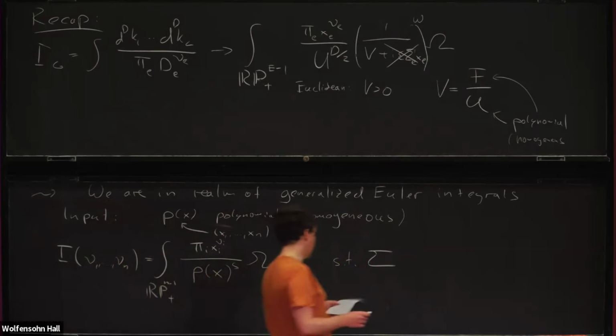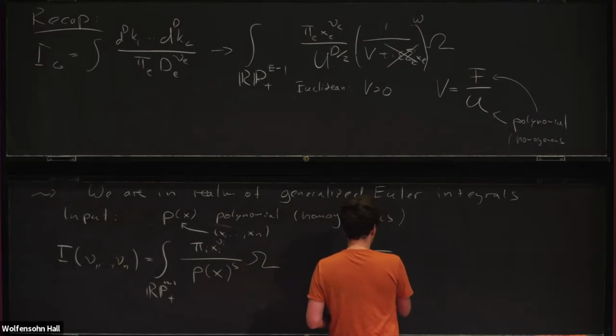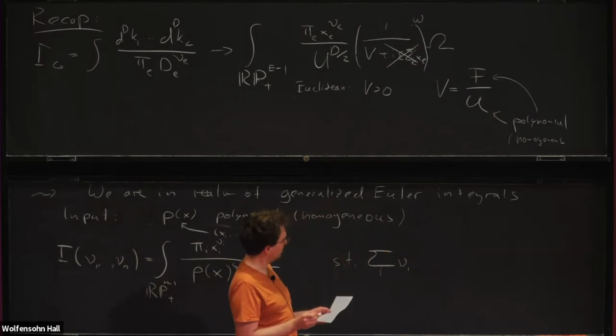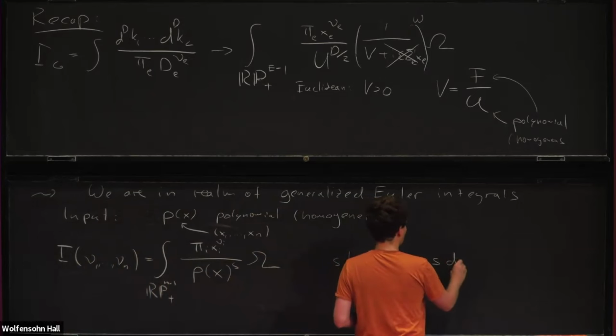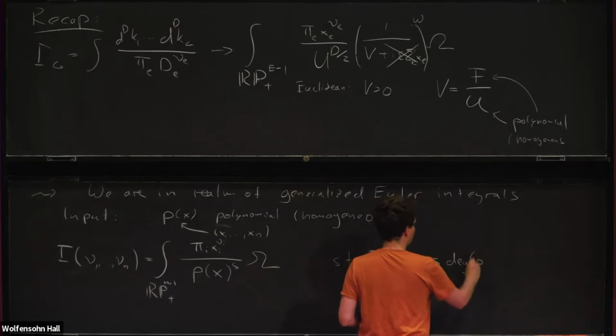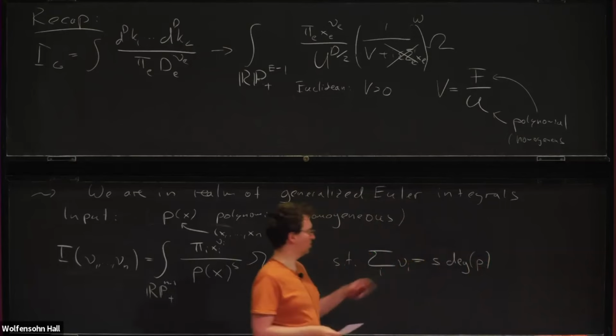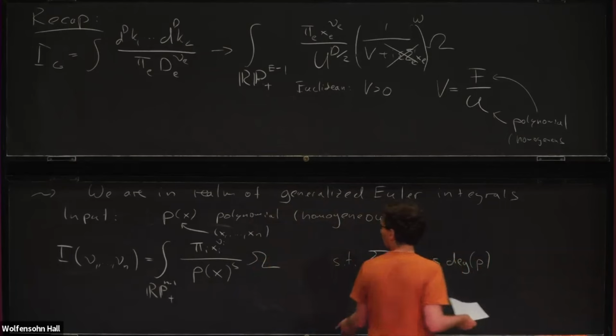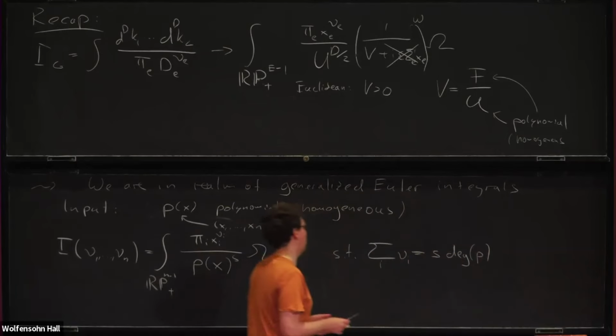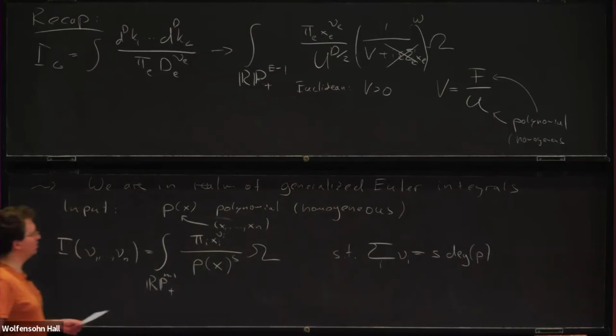So we need to require that the sum of these nu indices is equal to s times the degree of p. Each homogeneous polynomial has a definite degree. There's a different requirement that can also be loosened quite a bit, but I'm not going to talk about it so much.